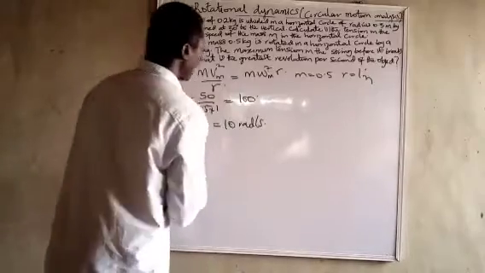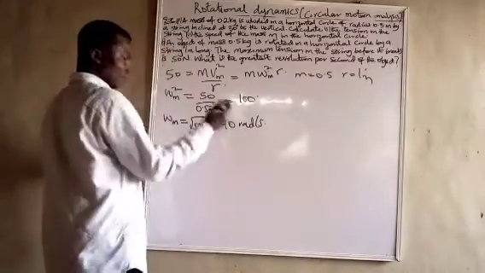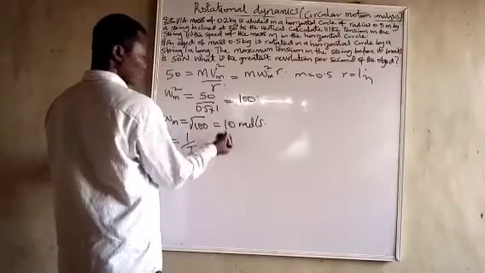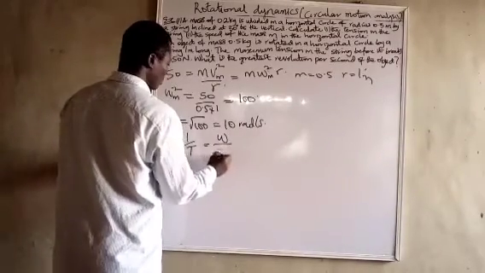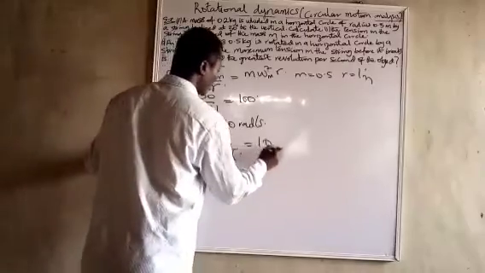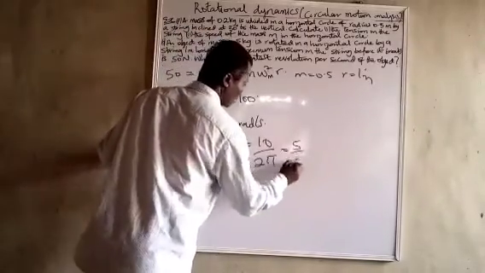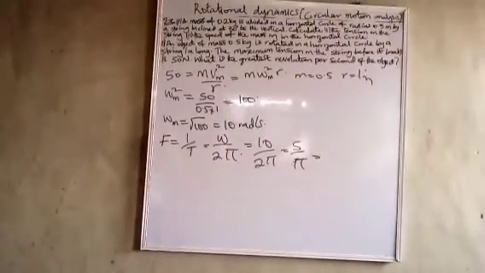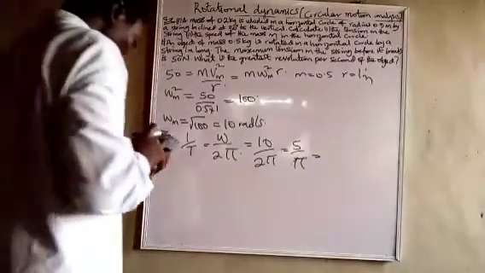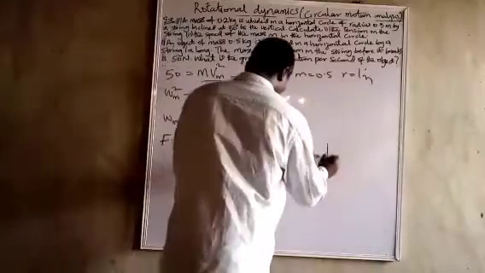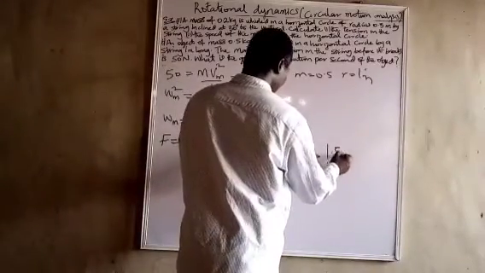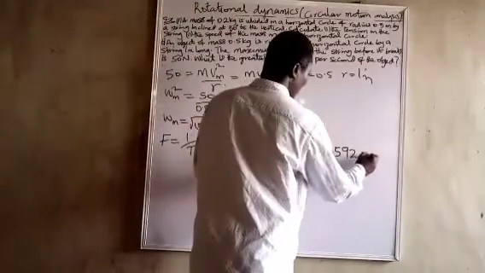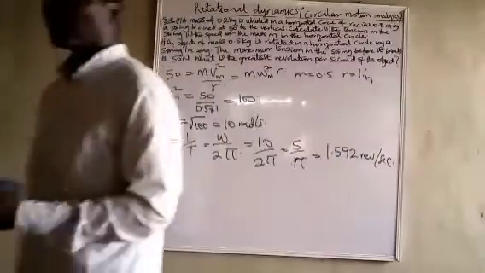That is the frequency, and frequency is equal to 1 over T, which is w over 2 pi, that is 10 over 2 pi, 5 over pi. That is 1.59 revolutions per second, the maximum revolutions per second.